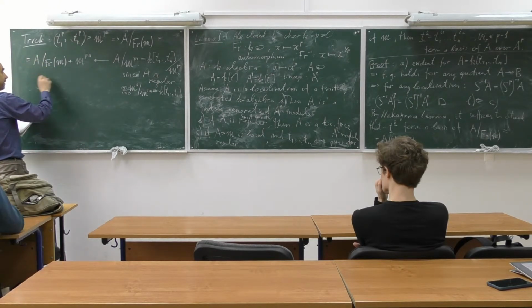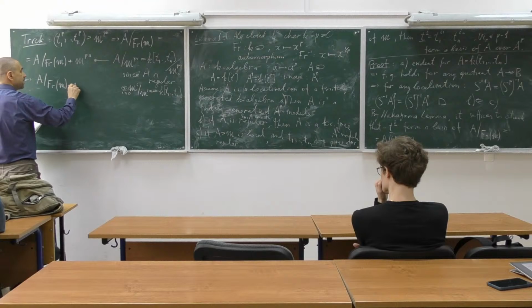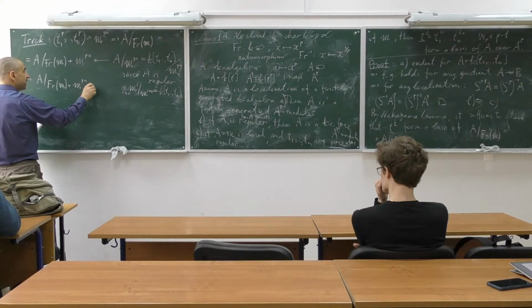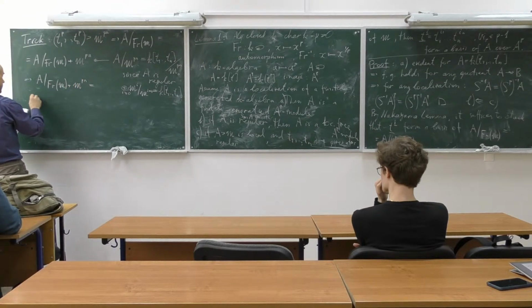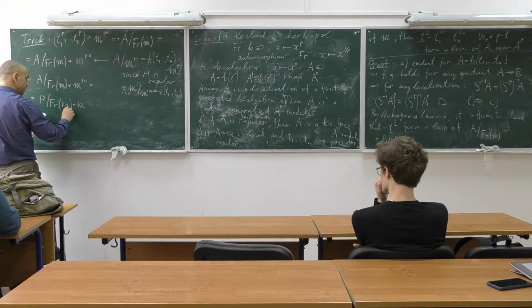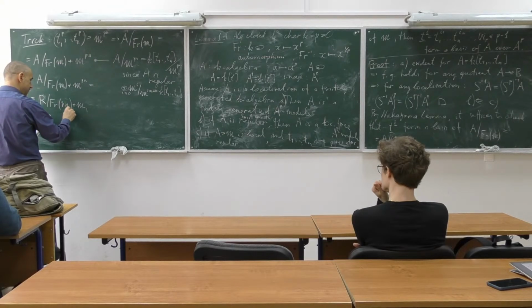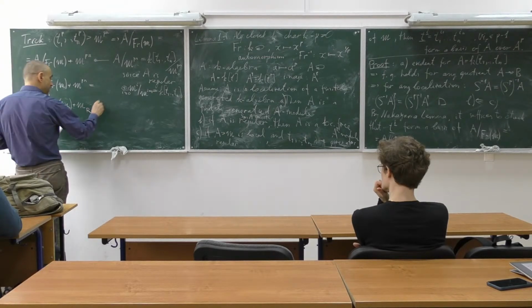we know that it follows that A modulo Frobenius of M plus M to the power Pn is the same as this polynomial ring. Well, let me call it, say, R, where R is the polynomial ring.